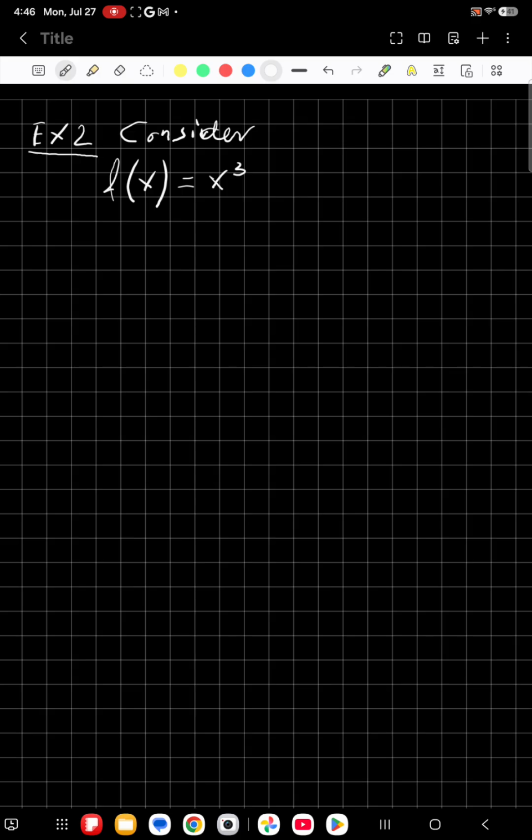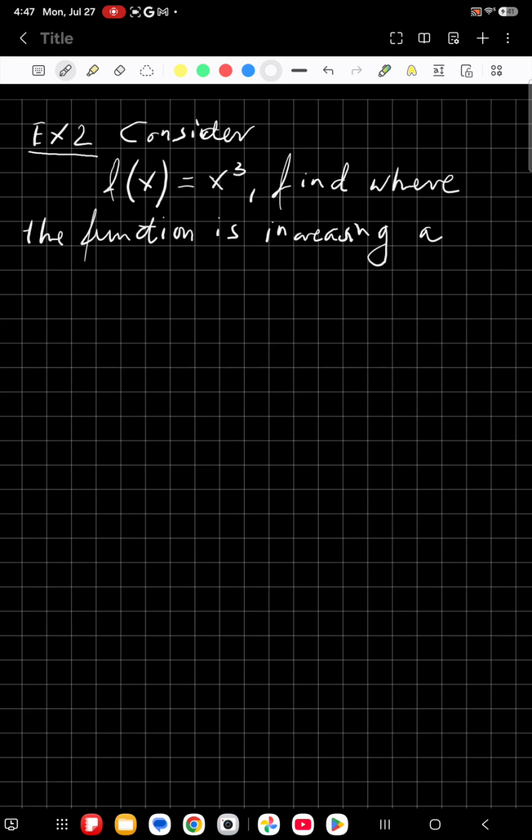So consider that function, find, find is a better word in this case. So find where the function is positive or is increasing. Increasing and decreasing.